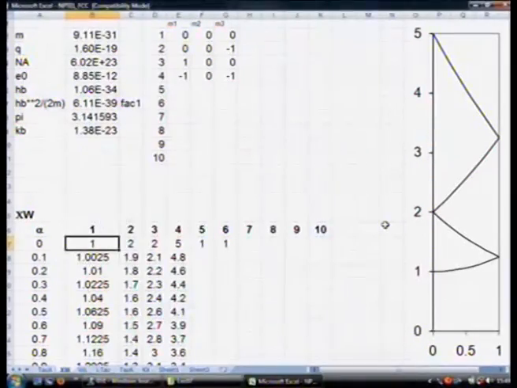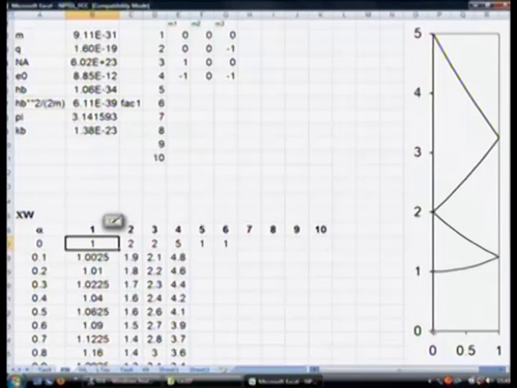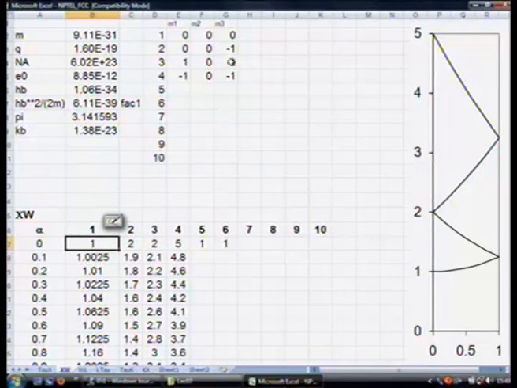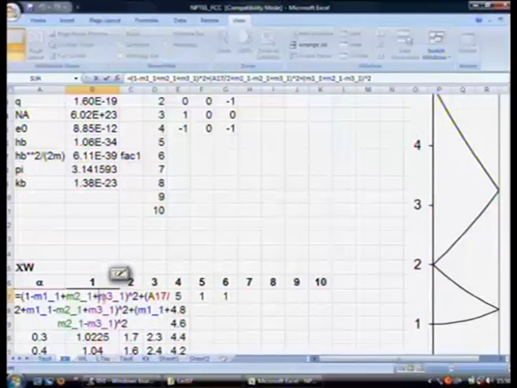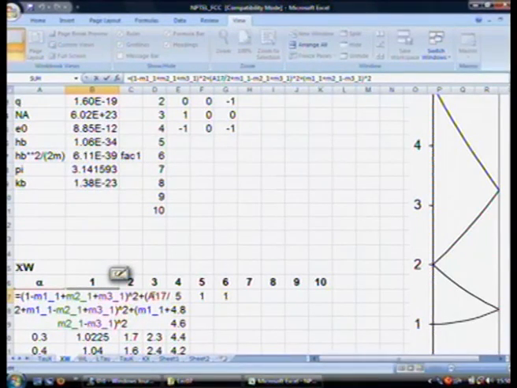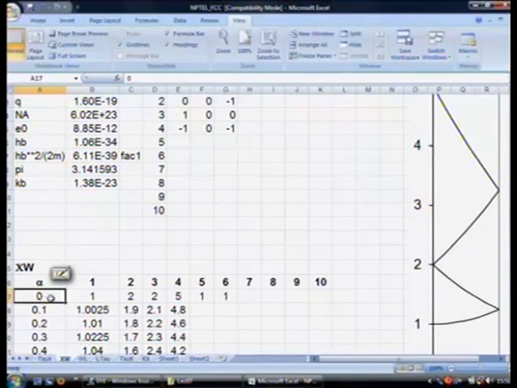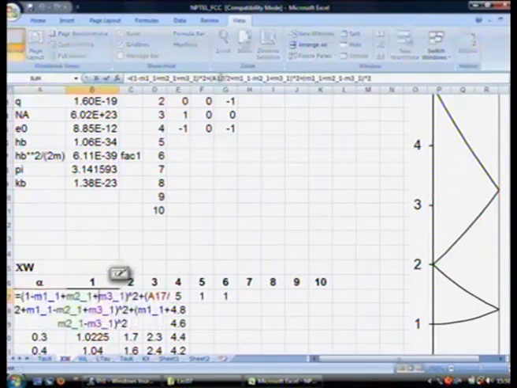Here is for X to W. So, this point right here is X, and this point is W, and again I have taken here 4 different values of m1, m2, m3. This is set 1, set 2, set 3, set 4, and for these sets I can see here the formula: 1 minus m1 plus m2 plus m3 squared, then alpha, this is the alpha in A17 cell number of X cell, which is right here, divided by 2 plus m1 minus m2 plus m3 squared, m1 plus m2 minus m3 whole squared.